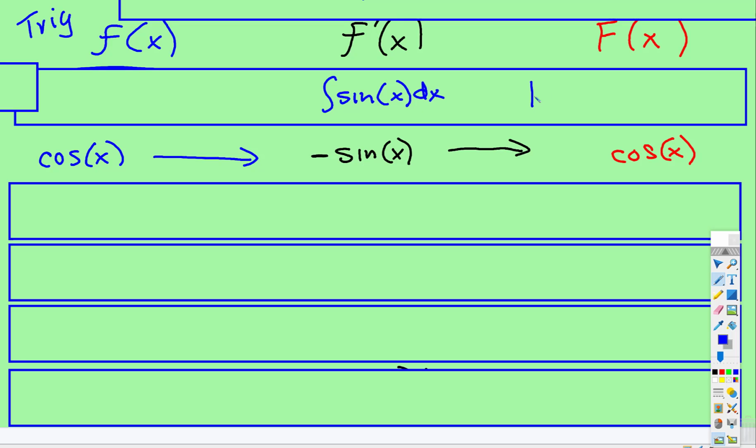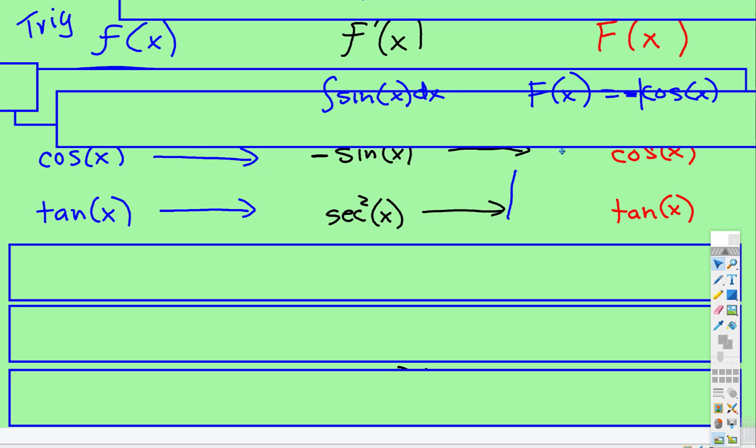So you find the integral of what that would be, which is cosine x, but then you have to remember to multiply it by -1. So you'll just have to be pretty careful. We'll do a few examples, so hopefully I didn't just confuse the heck out of you.